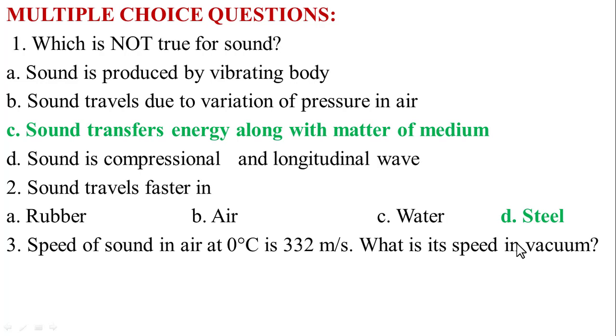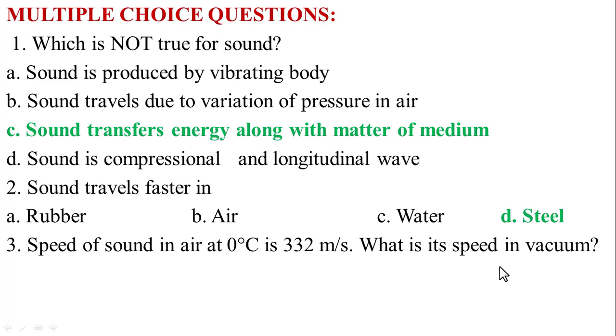Now in the third: the speed of sound in air at 0 Celsius is 332 meters per second. What is the speed in vacuum? We know that according to the definition, sound requires a medium for its propagation.